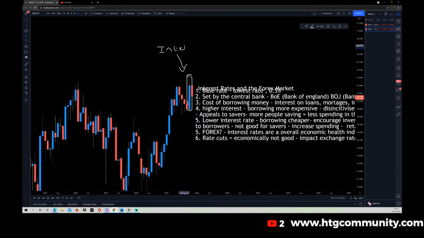So if we see an interest rate cut, you can typically see a downside move on pound yen, right? So JPY safe haven strengthens, but when there's interest rate hikes based on GBP, you get an outflow of safe havens and into your more risky currency assets, being your GBP, right? Which is why we saw that upside move.